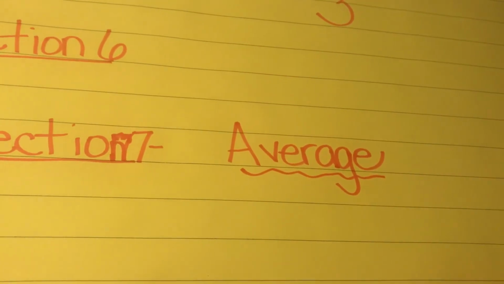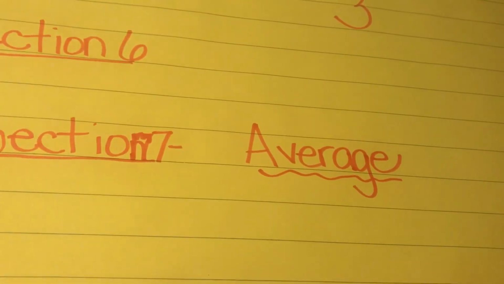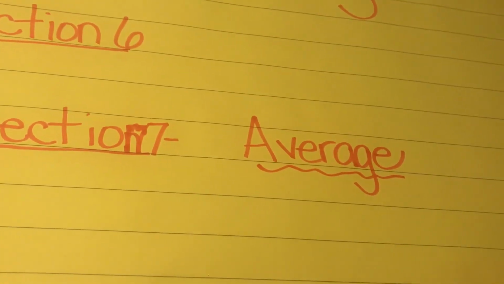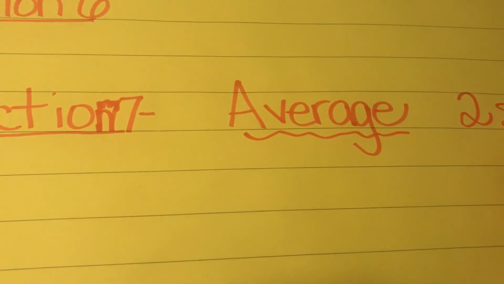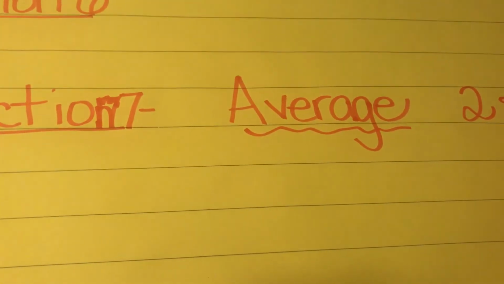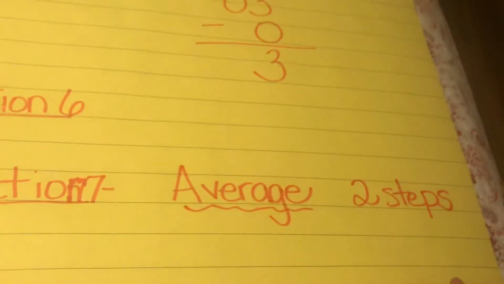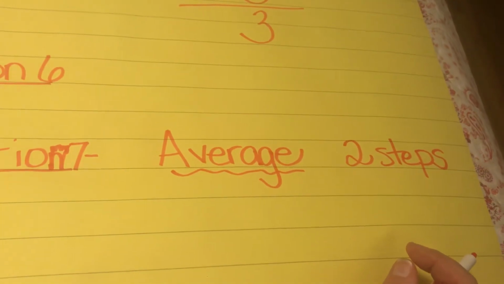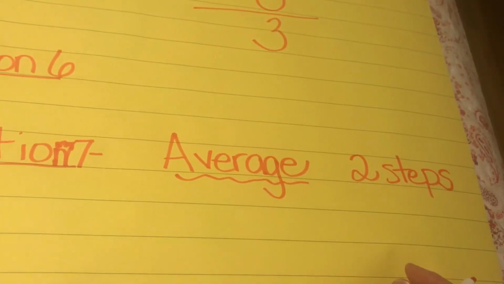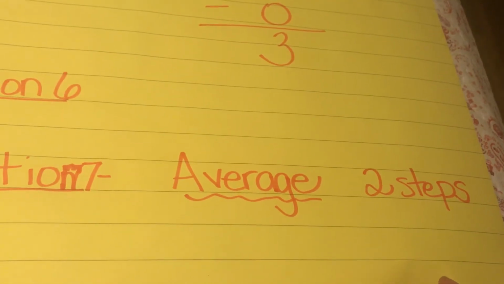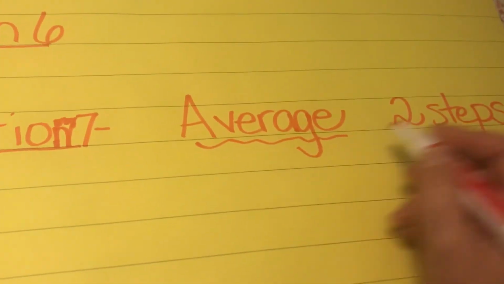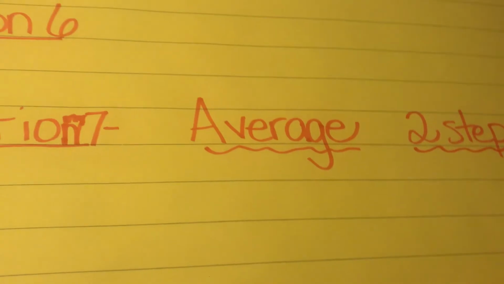Some of us at times think we're done once we total something up. No, we're not. It's 2 steps. Do not forget that. Don't forget what your divisor consists of as well. So you've got 2 steps in averaging something.